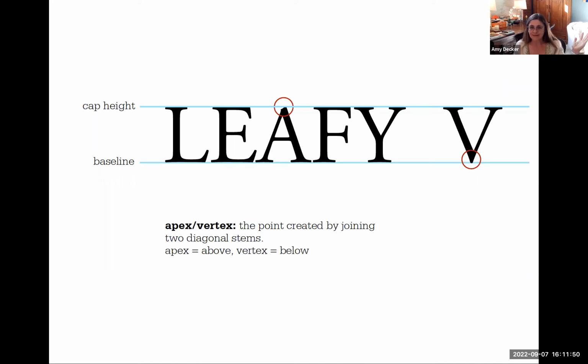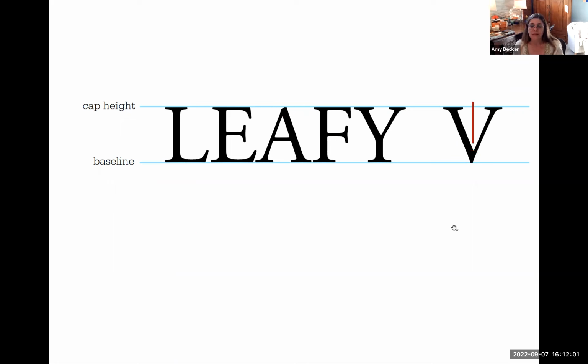Apex, like a mountain, is on the top of the A, and vertex, like a valley, is on the bottom of the V. The space between two diagonal strokes is a crotch.